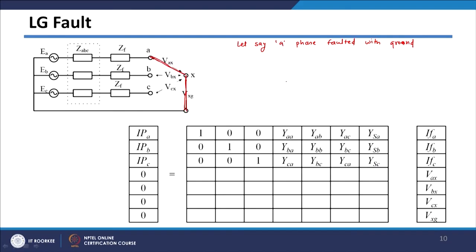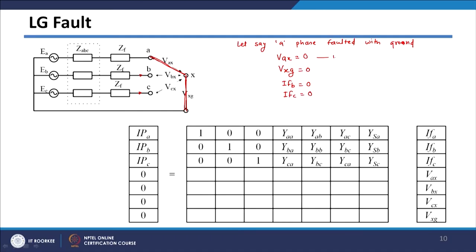In that case I can say VAX will be equal to 0, as well as VXG will be equal to 0. Another thing I can say is that there will not be fault current through B phase and C phase. So IFB will be equal to 0 and IFC will also be equal to 0.